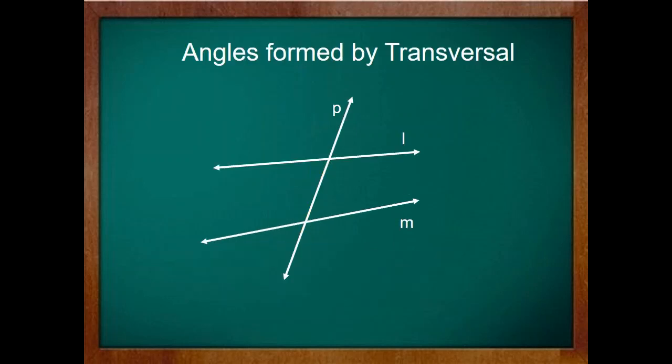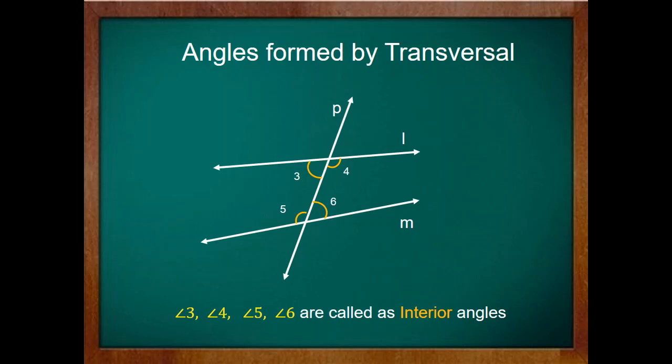As a result of the intersections, a transversal creates 8 different angles with lines L and M. These are angle 1, angle 2, angle 3, angle 4, angle 5, angle 6, angle 7, and angle 8.